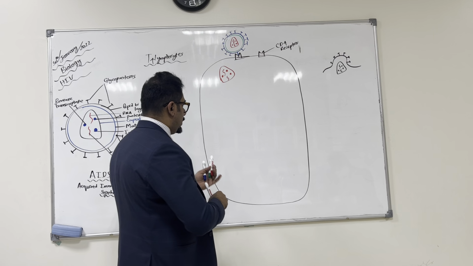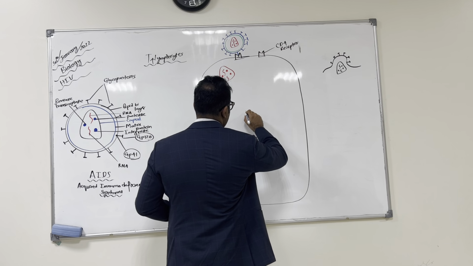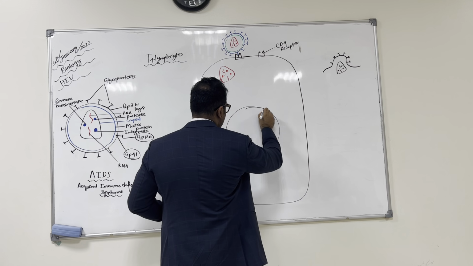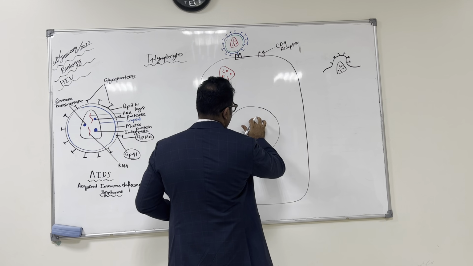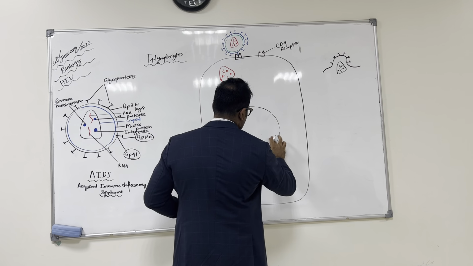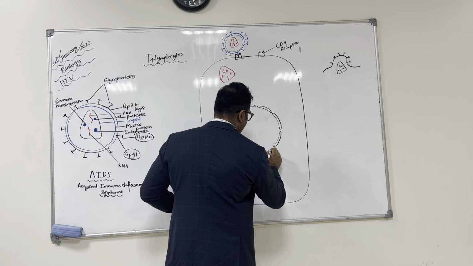Now, before we move further, let me draw the nucleus of the T4 lymphocyte. Now you guys know that lymphocytes have a single large nucleus. Do you remember this or not? We have learned that, right?